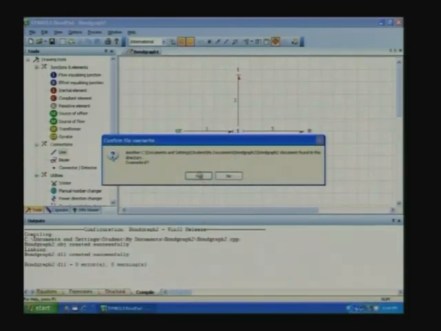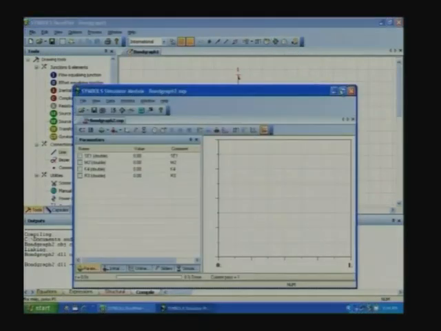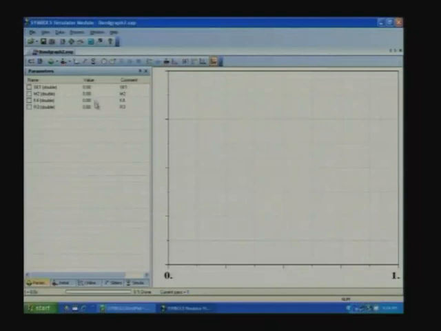Okay. So, it says 0 errors, 0 warning. So, we are happy. Then we go to the simulation, make it bigger, good. In the left hand side it shows the 4 parameters in the system and we can set their values.